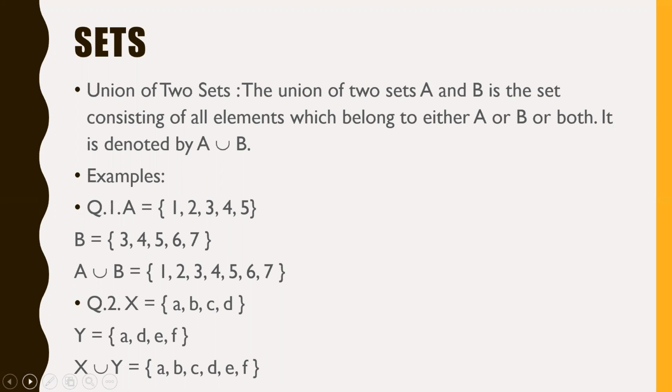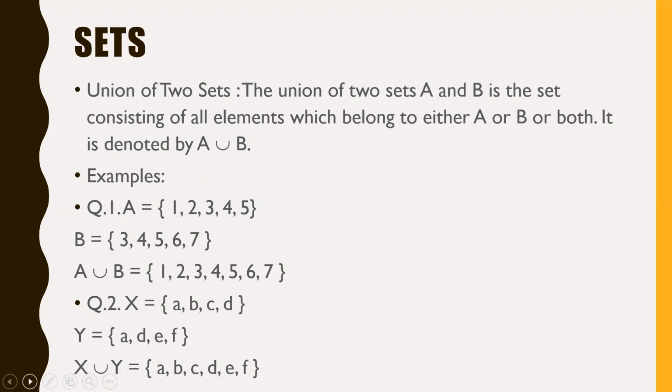In the example here, you can see in set A, the elements are 1, 2, 3, 4, 5. And in set B, the elements are 3, then 4, then 5, then 6, and then 7.